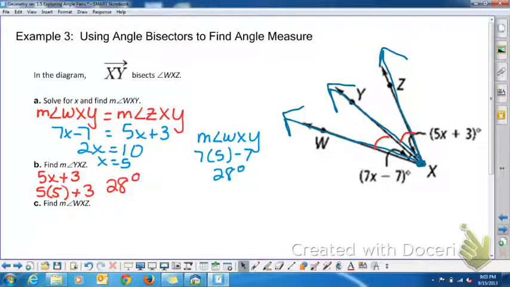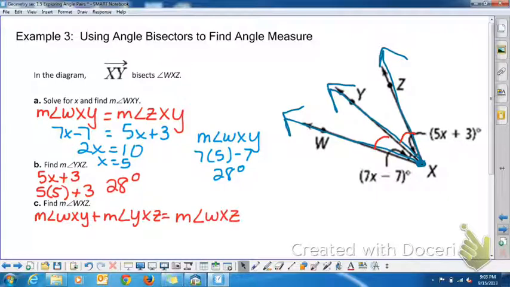Using the angle addition postulate, adding these two angles together, we could say that we know that the measure of angle WXY plus the measure of angle ZXY or YXZ, however you want to name it, is equal to the measure of the larger angle WXZ.